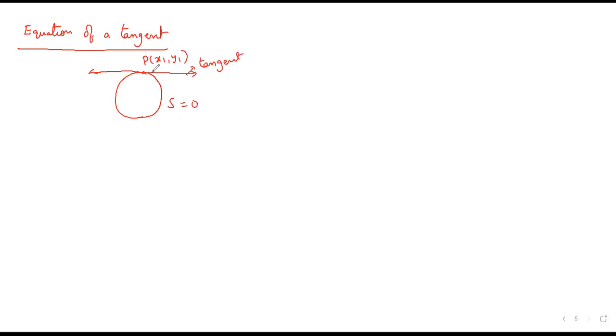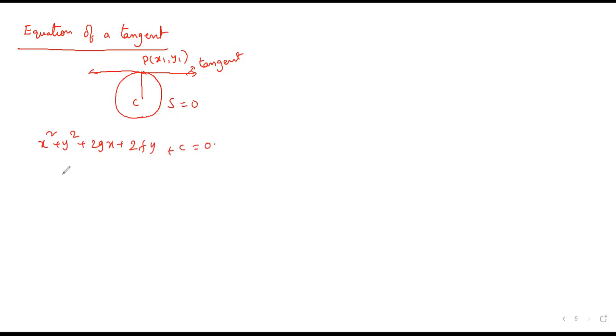To find this equation, we already have one point, the line passes through the point (x1, y1). To find the line equation, we need the slope. We already know the line from the center to any point on the circle is perpendicular to the tangent. Circle S equals 0 means x square plus y square plus 2gx plus 2fy plus c equals 0.